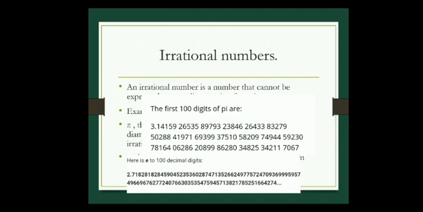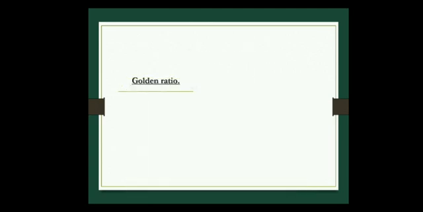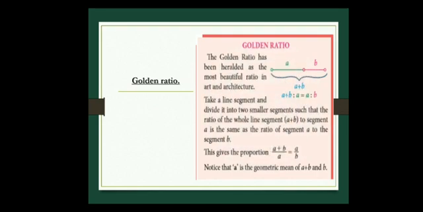Now we'll see what the golden ratio is. The golden ratio has been heralded as the most beautiful ratio in art and architecture. First we'll see what the golden ratio is.